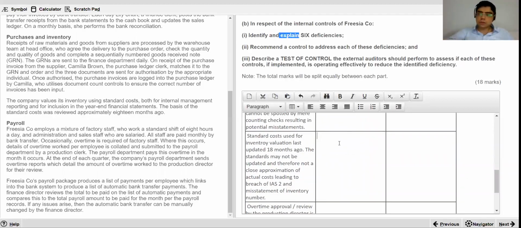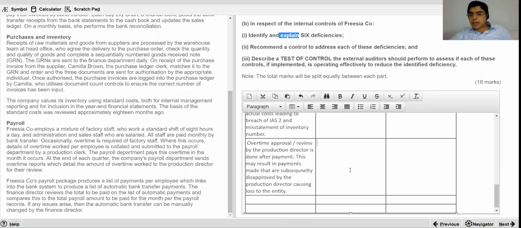Standard costs were not updated. So the simple solution is that standard costs must be updated on a regular basis, preferably by defining a suitable frequency. That way, they're likely to approximate the actual costs.